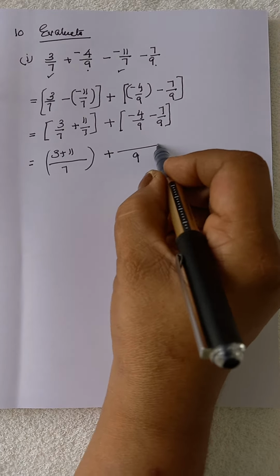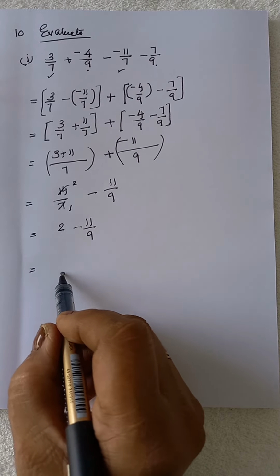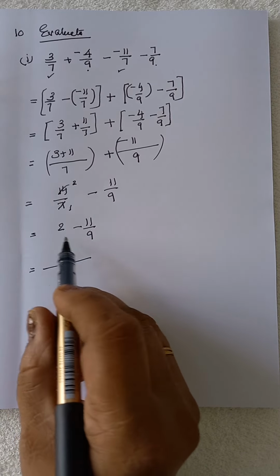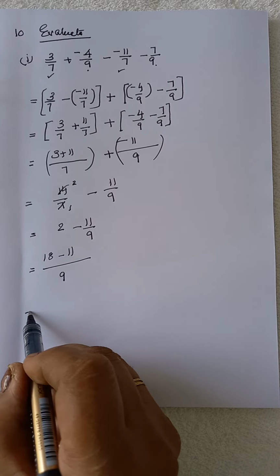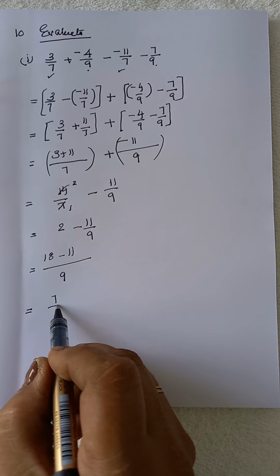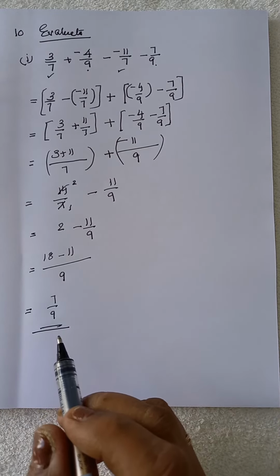Now this is equal to 14 by 7 plus into minus is minus 11 by 9. This is equal to, with the 7 we can cancel. So 2 minus 11 by 9. Now the common denominator is 9. So 9 into 2 is 18 minus 11. So this is equal to 7 by 9. So 7 by 9 is the answer.